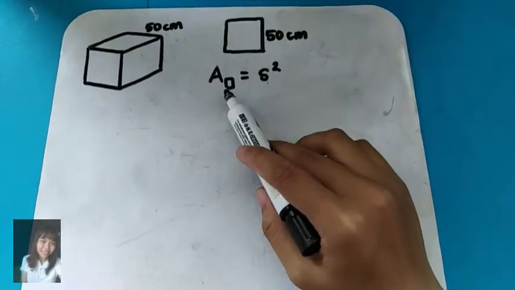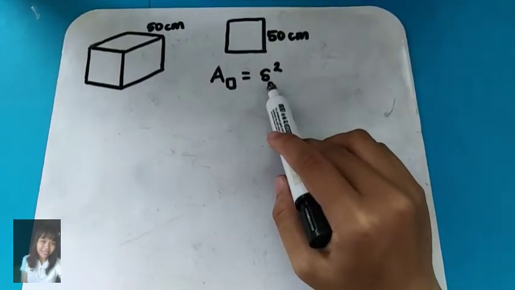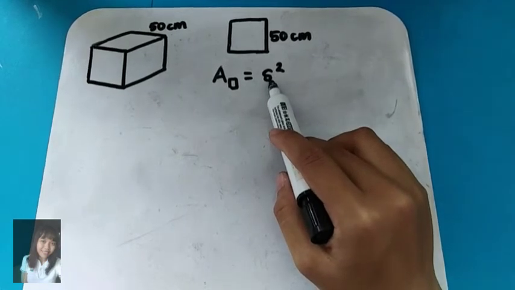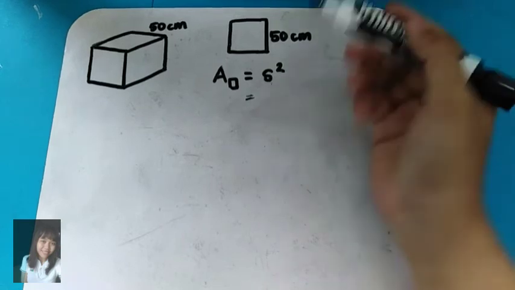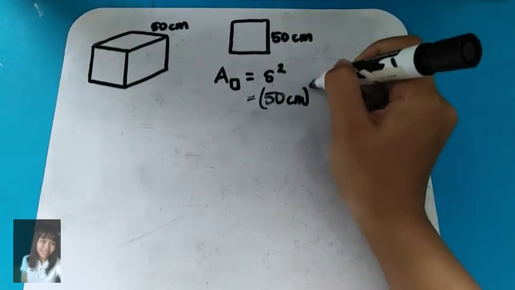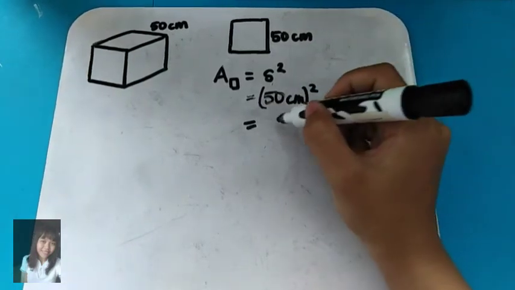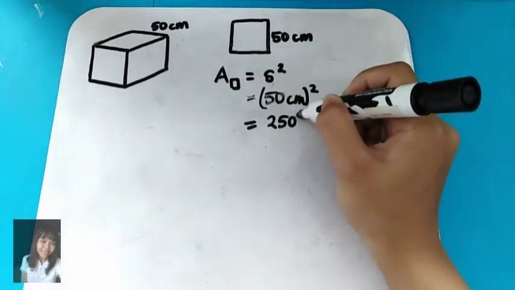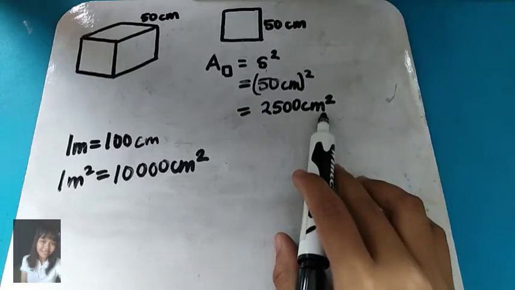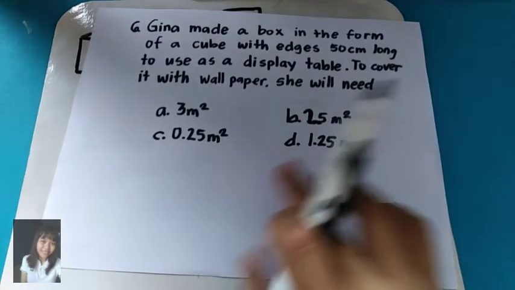We know that the area of a square is equal to s squared, where s refers to the measure of the side. Substituting it with the given, we have 50 centimeters squared. And 50 centimeters squared is equal to 2,500 centimeters squared. But we need to convert it into meters squared since the given choices are in meters squared.